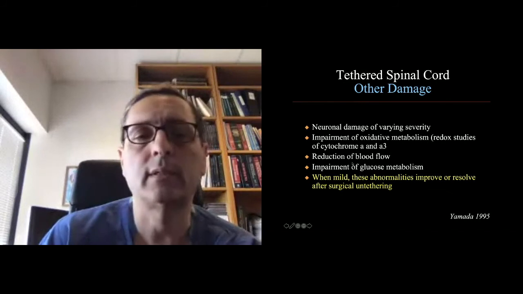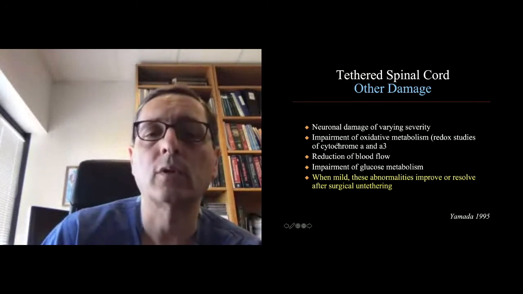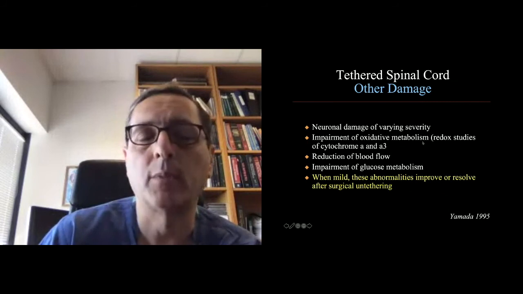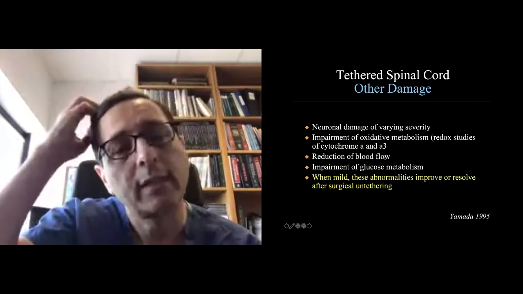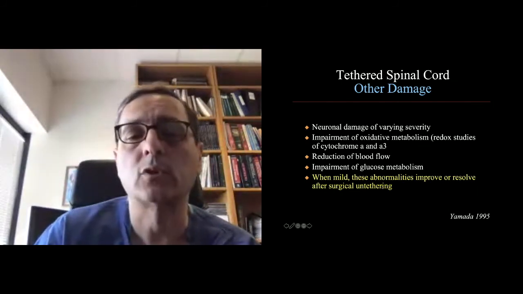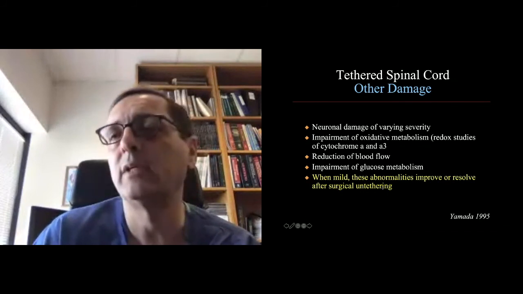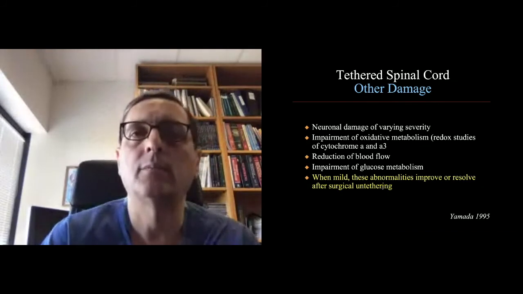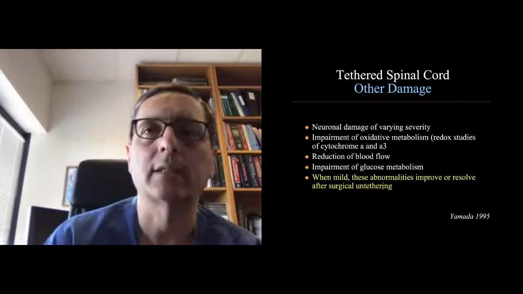And what he found is that there could be neuronal damage, there could be impairment of metabolic mechanisms, reduction of blood flow, etc. And again, when mild, they can improve after surgery, but when they're severe, they may be permanent. And this is why we try to operate on patients with tethered cords prophylactically before they cause problems.